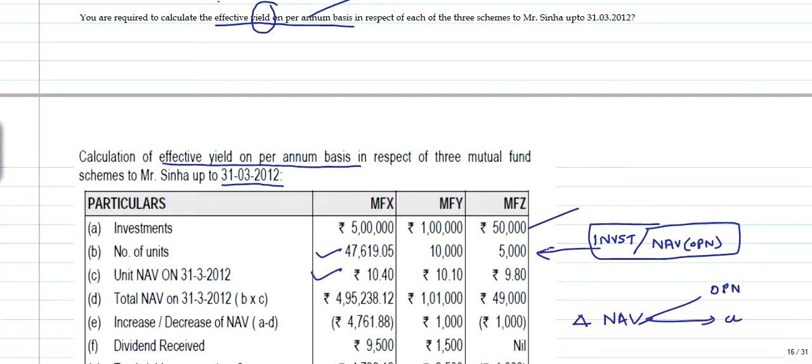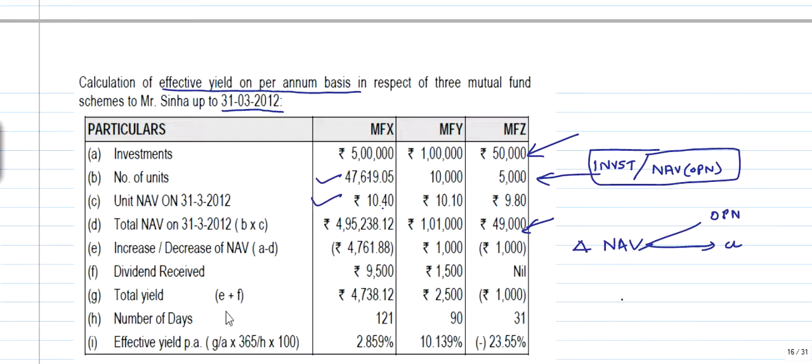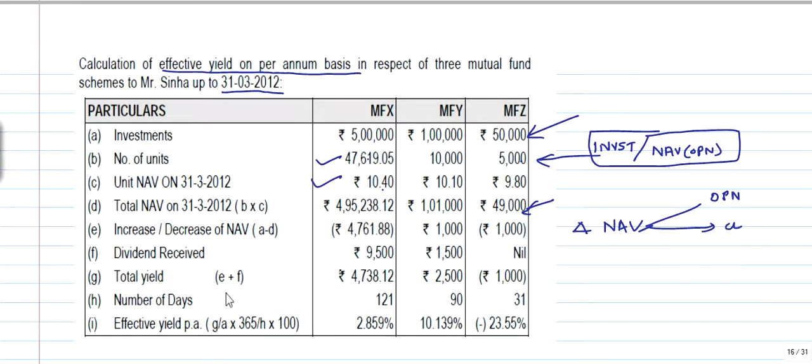Because of changes in NAV, we need both factors, opening value and closing value. Opening, we have what we invested. Closing, units into closing NAV will give the closing NAV value in rupees. Whatever the changes calculated, here loss, here appreciation, here depreciation.